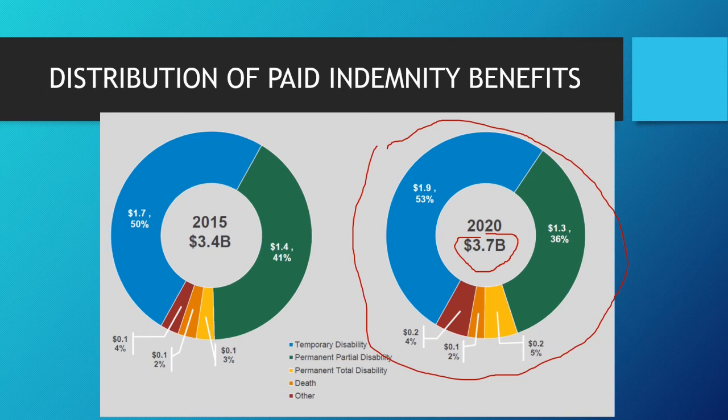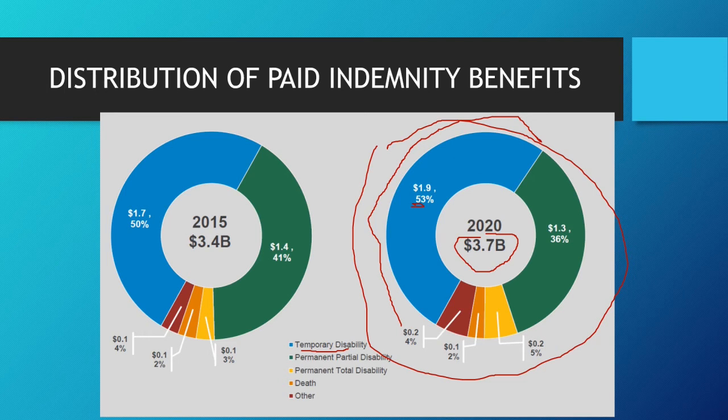And of that, you can see that temporary disability comprises the largest portion of those indemnity benefits at approximately 53% of all indemnity benefits paid. These are for temporary total disability, where the examinee is off work for up to a 2-year period of time.